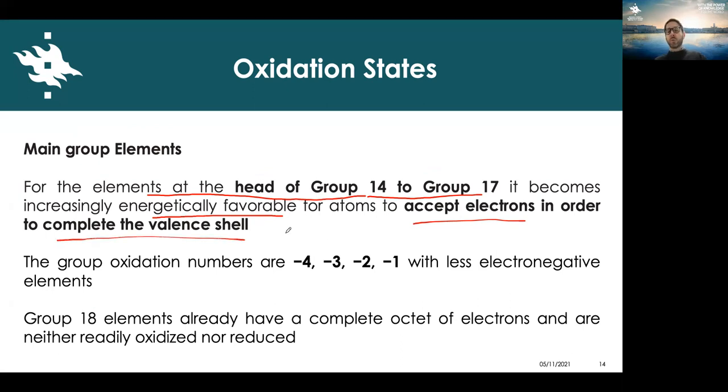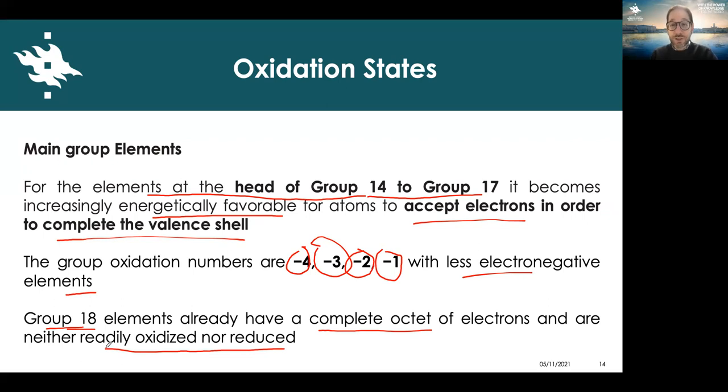So if we talk about groups 14, 15, 16, and 17, they have oxidation numbers -4, -3, -2, and -1 respectively when they are combined with less electronegative elements. For group 18, these are the noble gases, in which the elements already have a complete shell or a complete octet of electrons, and therefore they are neither readily oxidized nor reduced. So their oxidation states are zero.